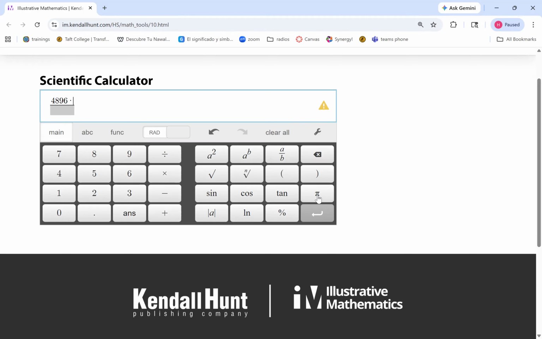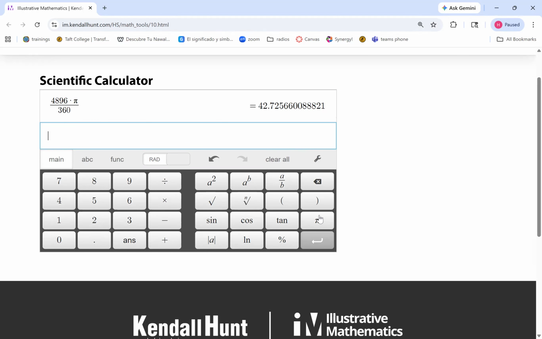Now I can use the pi symbol or I can use 3.14, whatever you guys want. For this example, I'm going to use the pi symbol, and at the bottom we had 360. I'm going to round my answer to 2 decimal places, so this is 42.73.